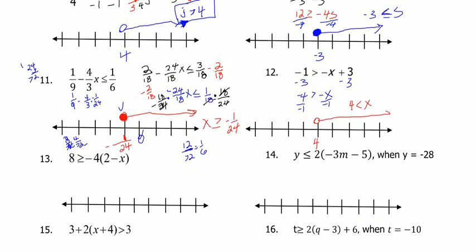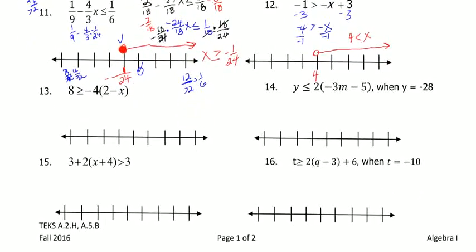Now, number 13. We're going to do much like what we used to do. We're going to do our distribution first, and that's going to be 8 less than or equal to -8 plus 4x. And then we're going to add 8 to both sides, leaving us with 16 being greater than or equal to 4x.